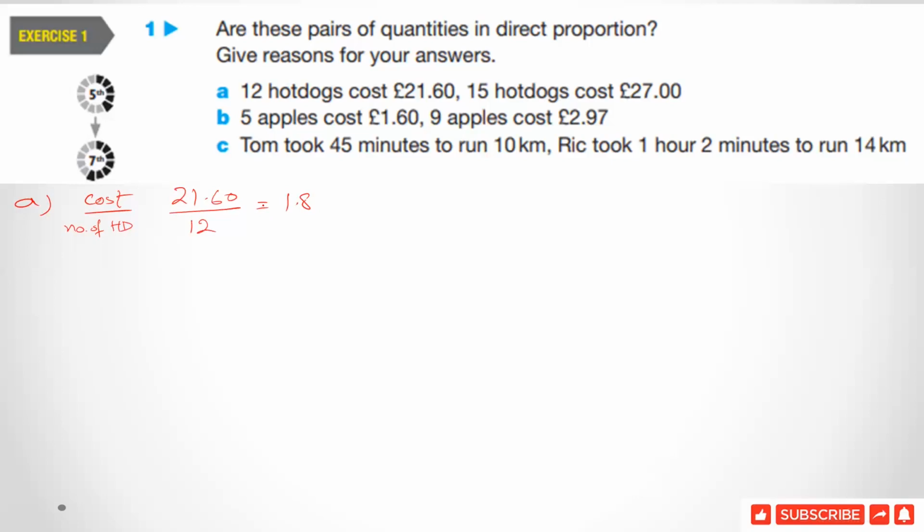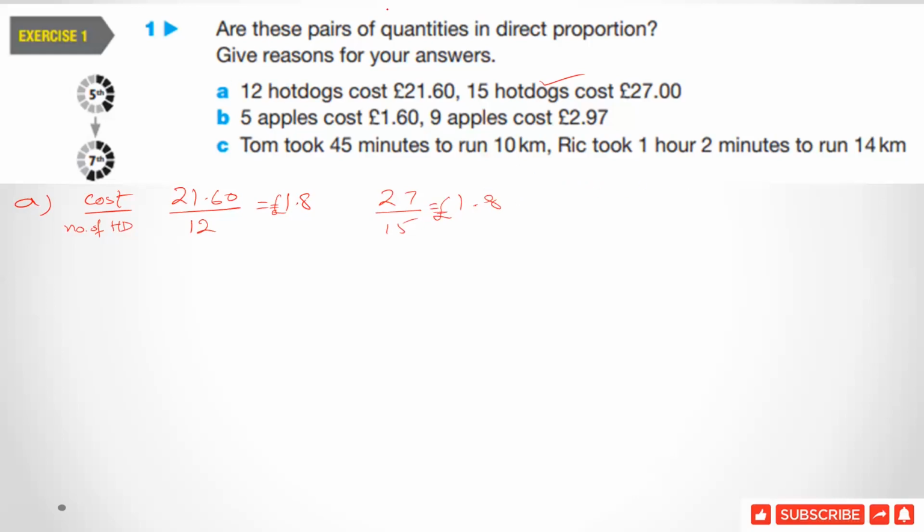This shows that the cost of one hot dog is 1.8 pounds. Similarly, we check with the other quantity given: 27 divided by 15. When we divide with the help of a calculator, we again get the same 1.8 pounds.